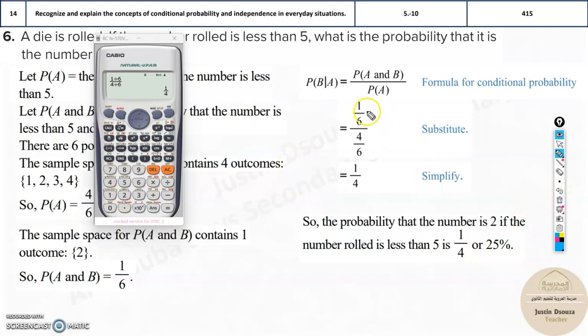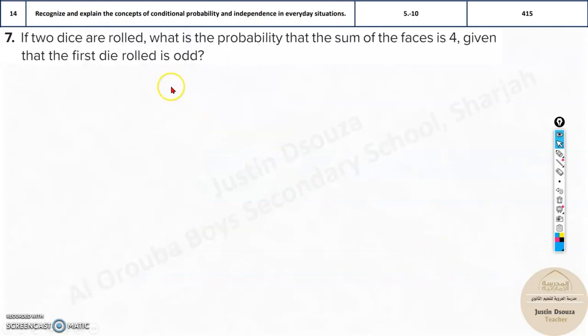If you can't directly solve this in the calculator, solve 1 divided by 6, and then put 1 divided by 6 and 4 divided by 6, and you will get the answer 1 by 4. Okay, anyways, so that's the thing.